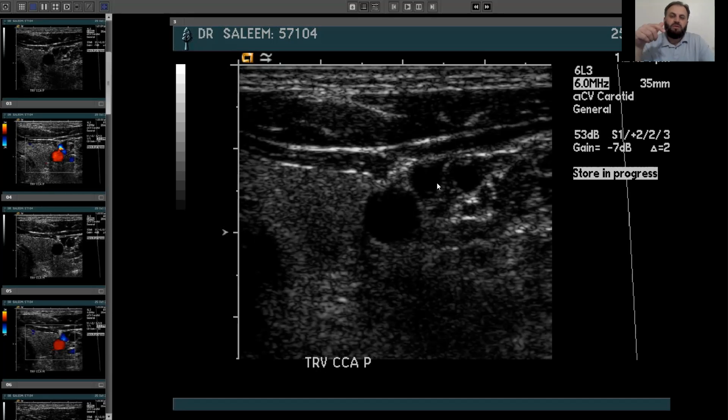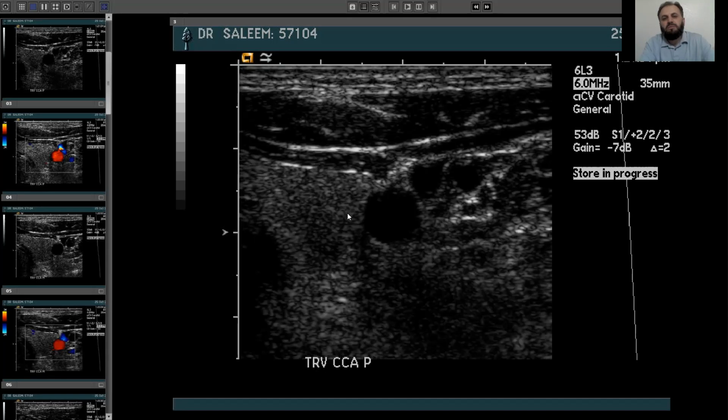Number one, it is an acoustic window. Number two, it shows us how much pressure we put on the patient's neck, because we need to let the brain drain through venous flow. If we put pressure and collapse that jugular vein, it can cause some dizziness for the patient, and we don't want the patient to experience that.